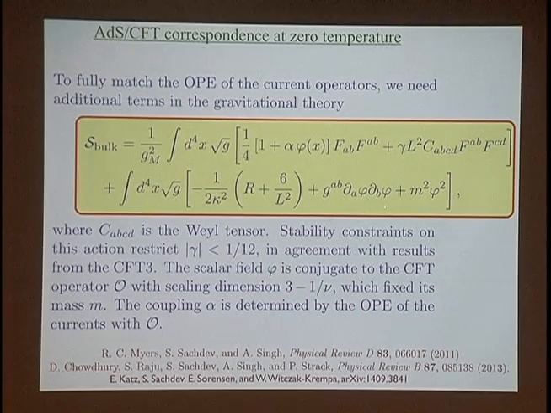Okay, and then there was this thermal operator O with scaling dimension 3 minus 1 over nu. You have to add another field conjugate to that, which we call phi. The mass of that field becomes the scaling dimension 3 minus 1 over nu, and this coupling constant alpha is related to an OPE coefficient.